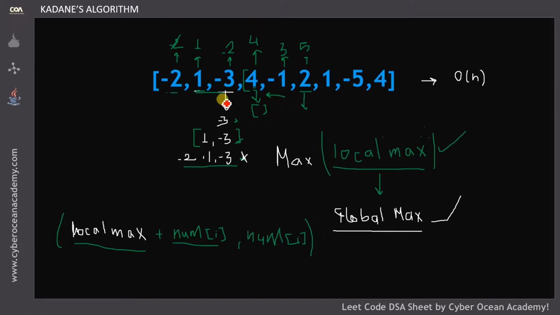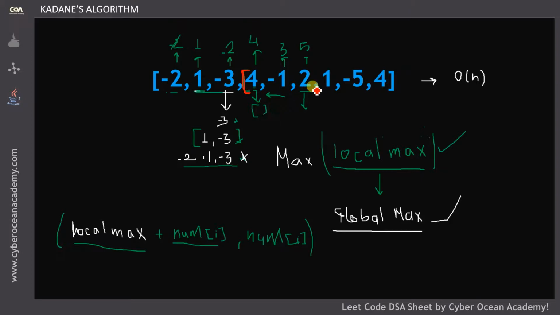So we are here. Okay, we did not leave, because initially the local maximum was 4, so we add minus 1 with that. No other values have come where we left our previous local maximum index. So this was the initial index for this current local maximum, and in that local maximum we simply add the new value.